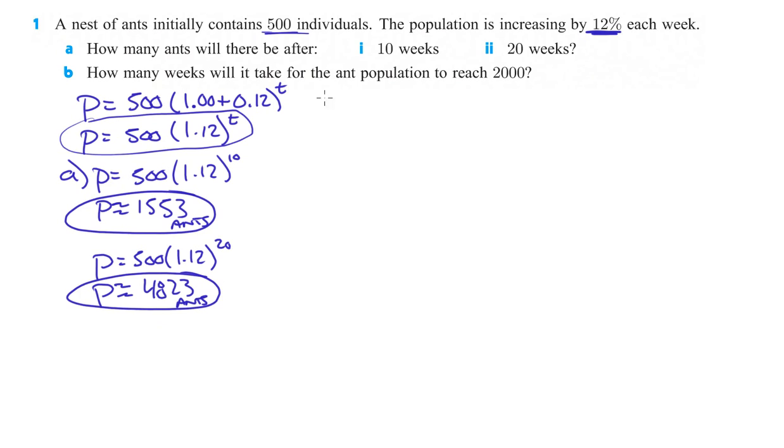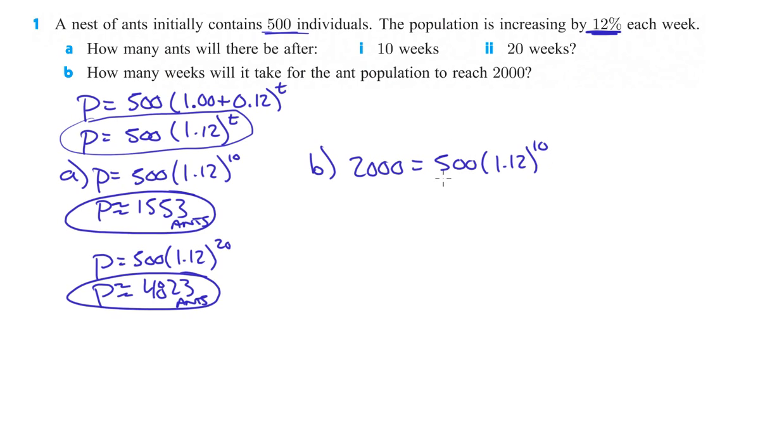And then part B says how many weeks will it take for the population to reach 2,000? So we want to know when the population equals 2,000. So for B, we would do 2,000 equals 500 times 1.12 to the t power.